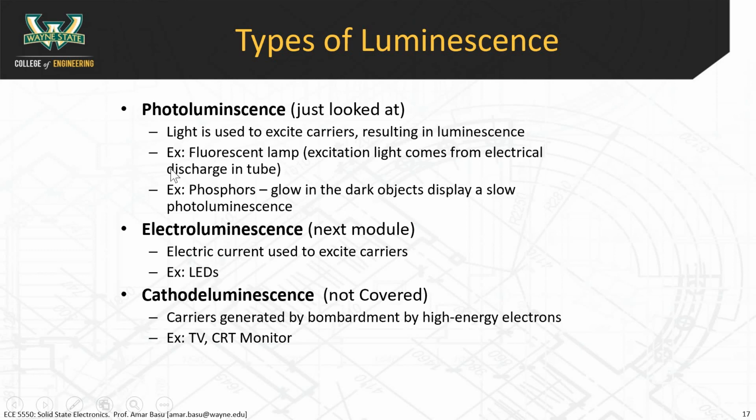That's where light is being used to excite the carriers, and it's also giving off light. An example of that is a fluorescent lamp, where you're exciting the phosphor material with ultraviolet light, but what's actually coming out of the tube is visible light. Other examples are other phosphor materials that glow in the dark. That's an example of photoluminescence.